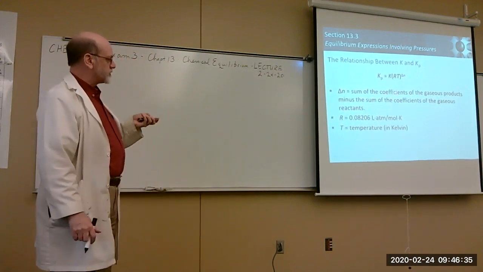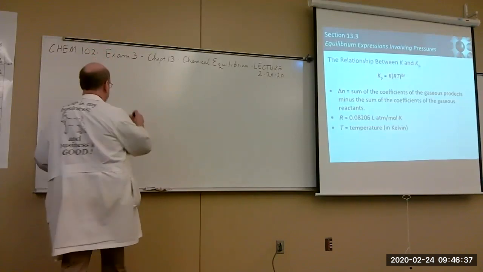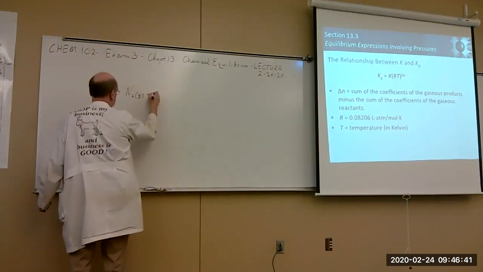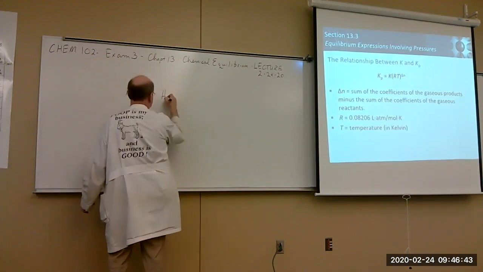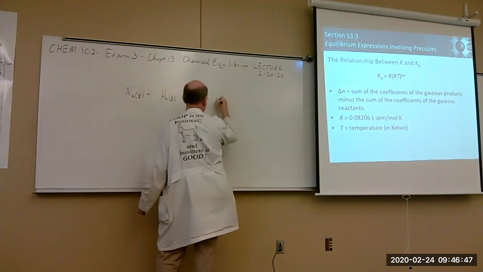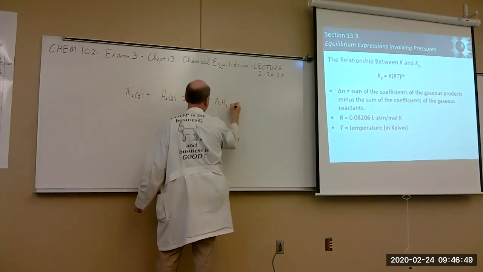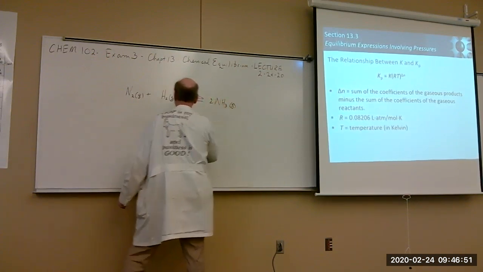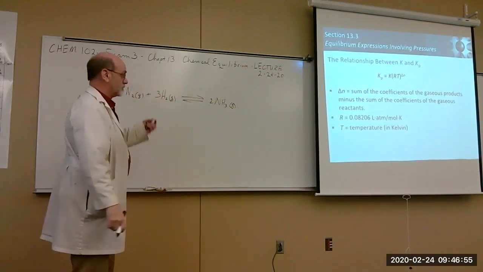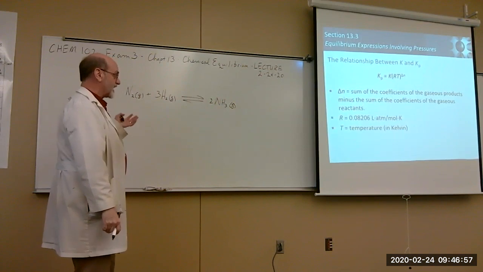You take the coefficients of your, let's write the reaction up here. Say hydrogen. And ammonia. So 2, that makes this one 3. Okay, so what's the change in N?